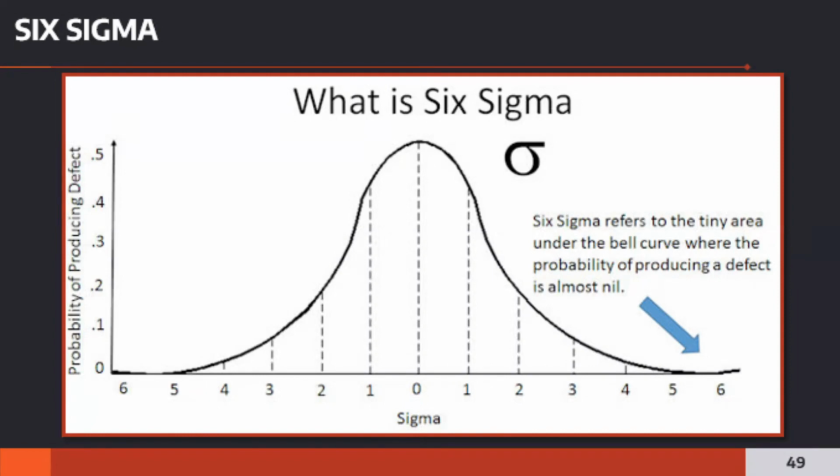The standard is 0 there, the highest point, and then it is going to move left or right, 6 sigma, those 6 steps of standard deviation. So that arrow that you see on your screen represents the probability of producing a defect, which is actually close to nil. Right? So in short, 6 sigma is all about eliminating defects within the organization.